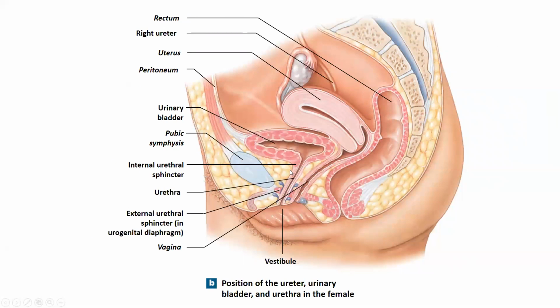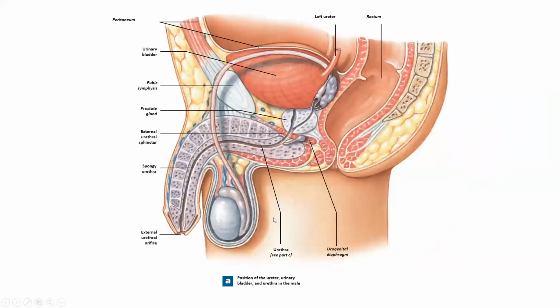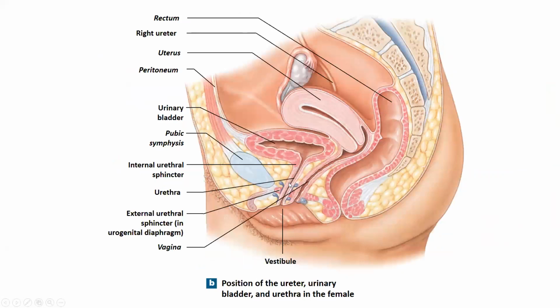I also want to point out that there's quite a short distance for the urethra. Women have a shorter urethra, about 4 centimeters long, whereas men have a very long urethra. It has 3 different parts that we talked about. It's much longer than in women, and this makes women more susceptible to urinary tract infections. Okay.